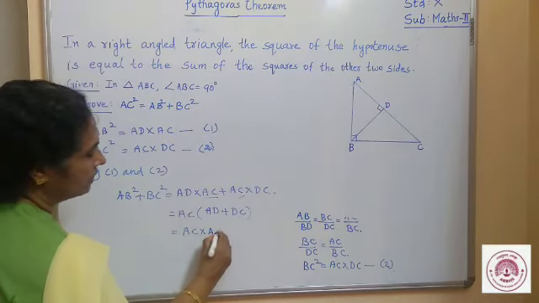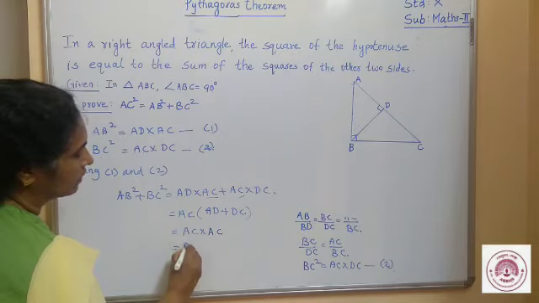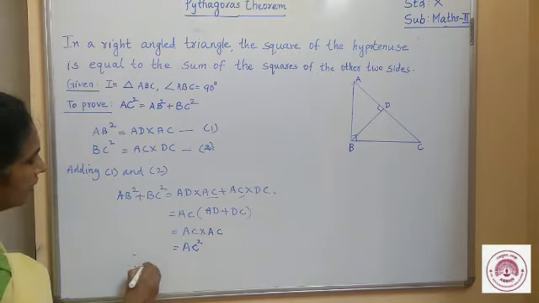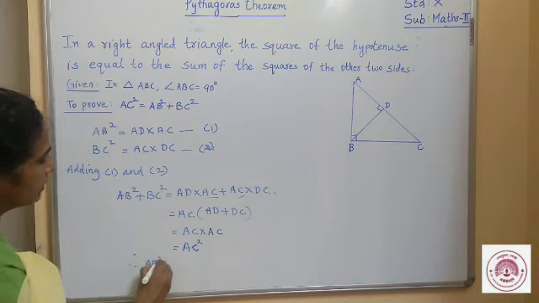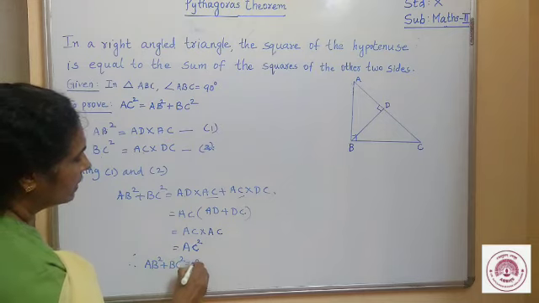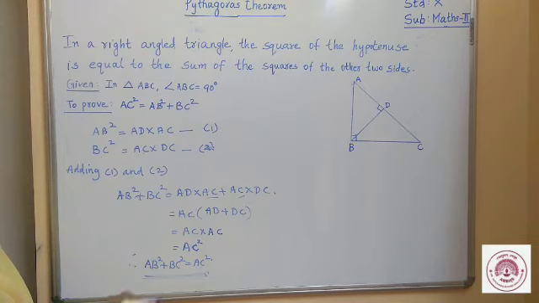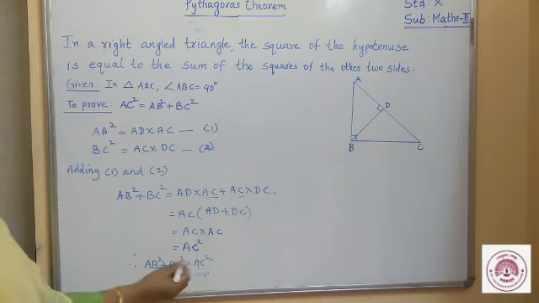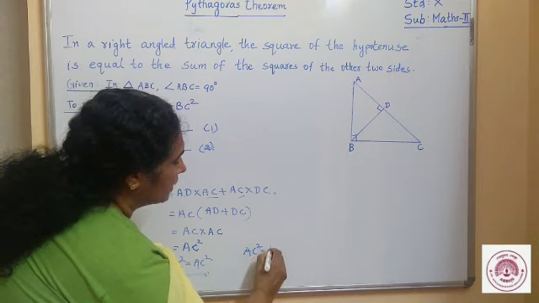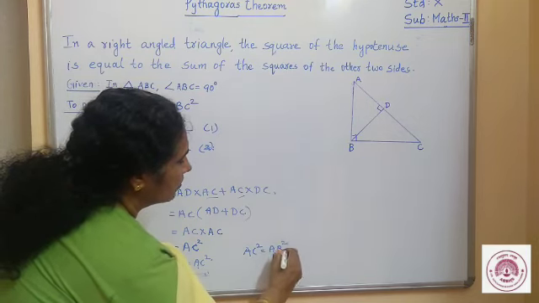So, AC into AC is equal to AC square. Therefore, AB square plus BC square is equal to AC square. This proves the theorem. That is, the square of the hypotenuse is equal to the sum of the squares of the other two sides. We can write this as AC square is equal to AB square plus BC square.